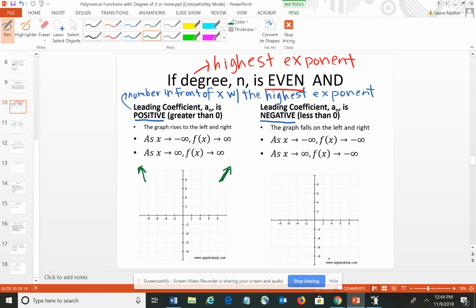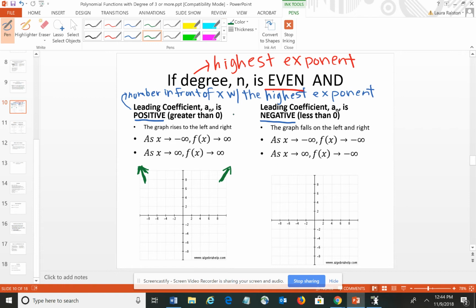Verbally, we say it rises to the left and right. In symbols, we say as x goes to negative infinity, f of x or y goes to positive infinity. Or as x goes to positive infinity, f of x goes to positive infinity. So if you have a leading coefficient that's positive and an even degree, both ends are going to go up. Now this test doesn't really tell us what's happening in between those 2 endpoints, but we at least get a sense of what's happening on the ends.